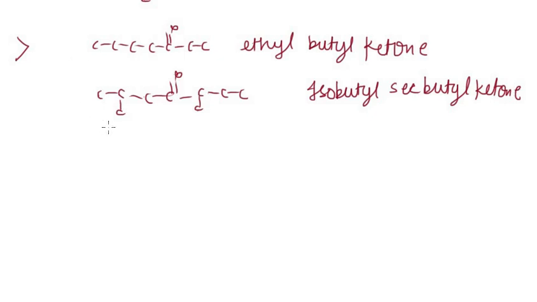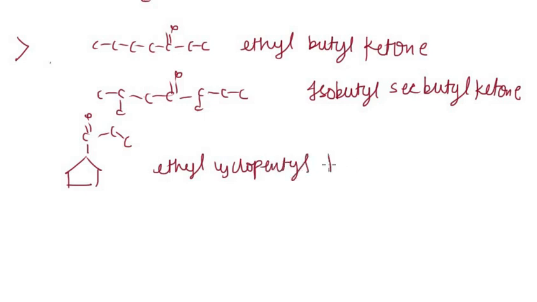Now, if we use the cyclic group, then how do we name? C double bond O, C, then C. Then it is ethyl cyclopentyl ketone.